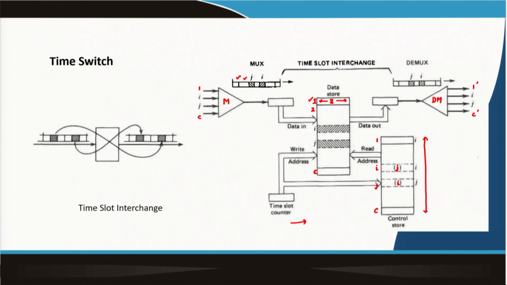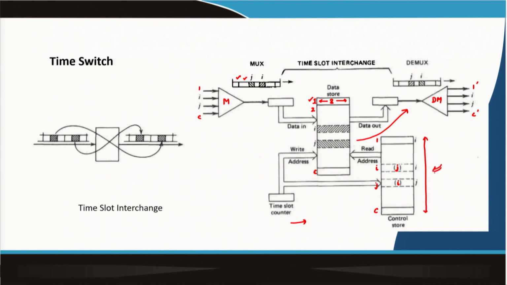What does this signify? While reading from this storage to the multiplexer, I first do not read from here; I first go to the control location, and whatever is stored over there, that data I will be reading. So, I do a random reading over here, guided by of course the control bit.